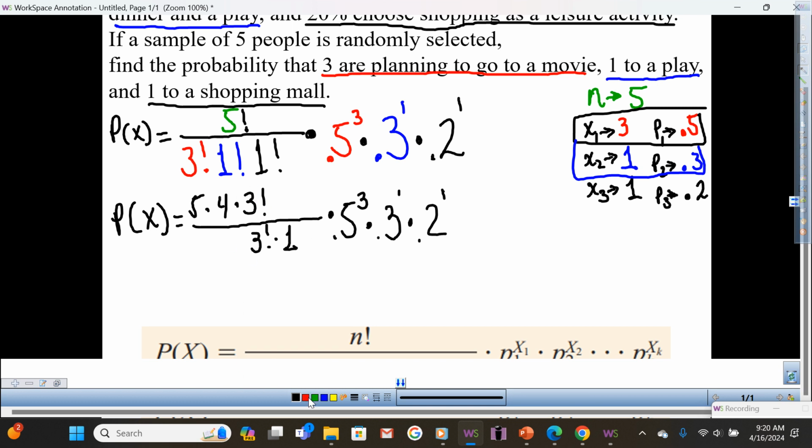So this one, there it is. So we end up with P of x equals 20 times 0.5 cubed times 0.3 times 0.2. Calculators calculate, please.